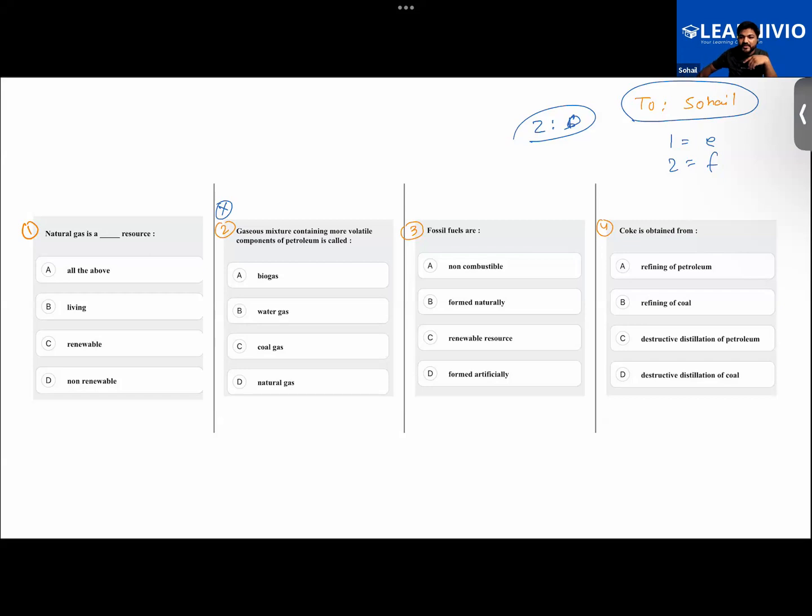Coke is obtained from destructive distillation of coal. When coal is burnt at an excessive amount of heat, then you obtain coke. It's destructive distillation. Yeah, keep that in mind.